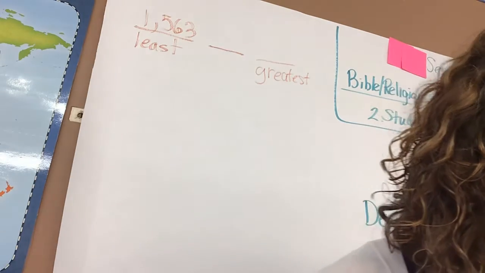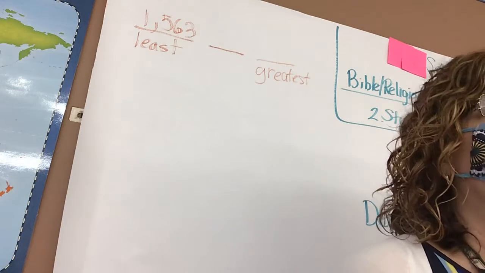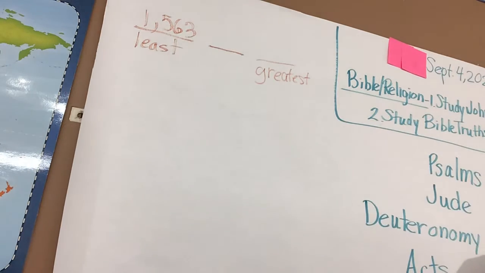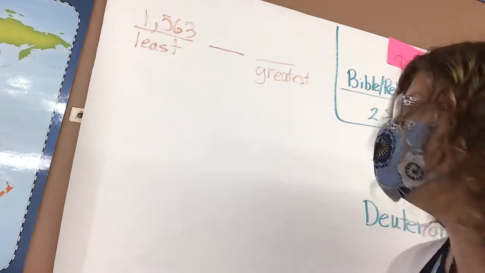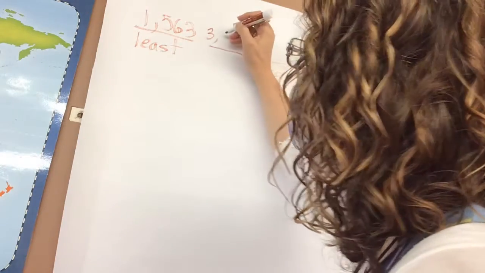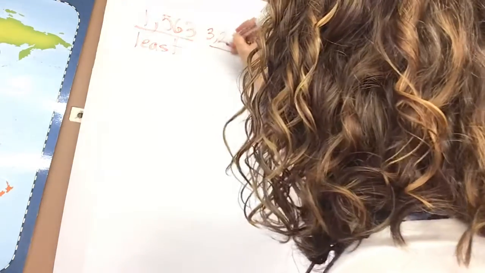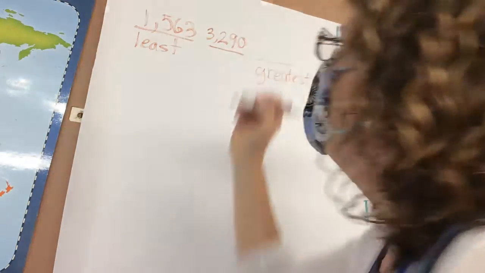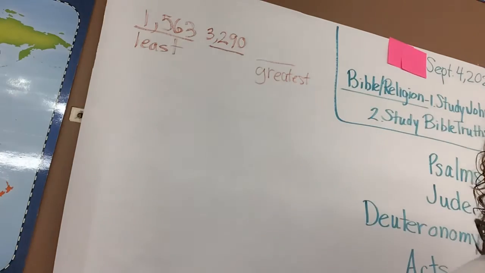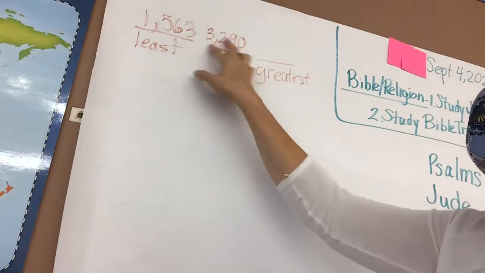All right, so look at the other two numbers. Which one's going to be next? The one with the 3,000s, because 6,000 is greatest, so that's going to go there. So what's the number for 3,000? 3,290. By the way, I will warn you, when this is on the test, I have people that mix them up.